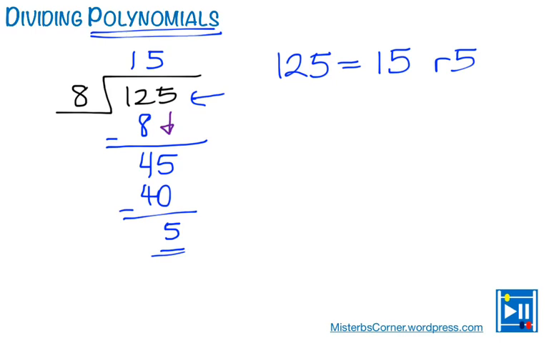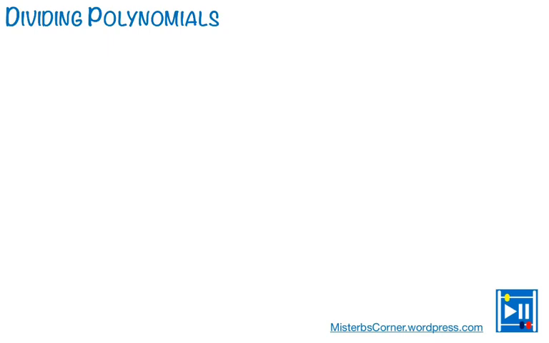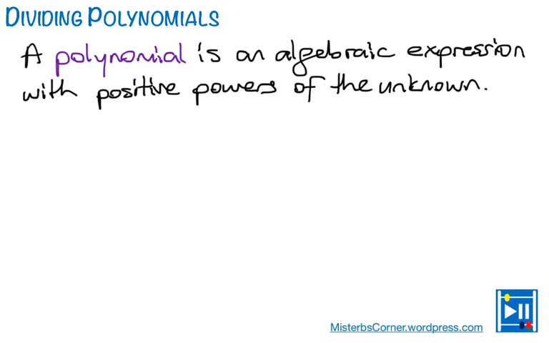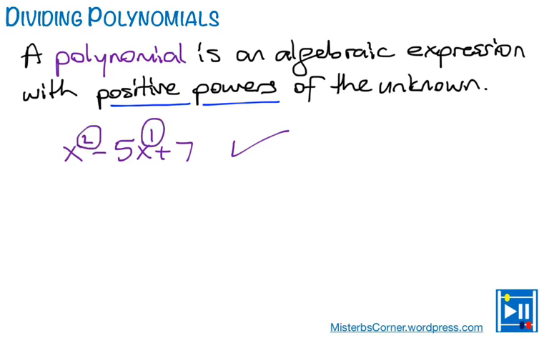Now, before going on with the division, let's talk about the polynomials themselves. A polynomial is an algebraic expression with positive powers of the unknown. Now if I write down x squared minus 5x plus 7, this is a polynomial, because I have the powers 2, 1, and then here we have x to the power of 0, which we don't write at all, because any number to the power of 0 is 1, so it's just 7 itself as a constant.